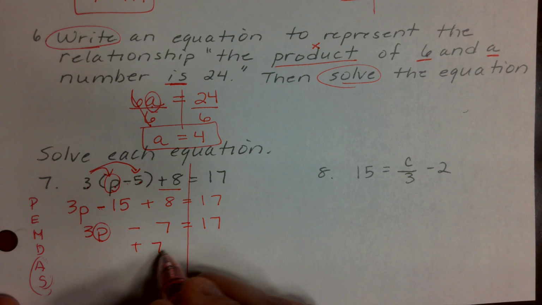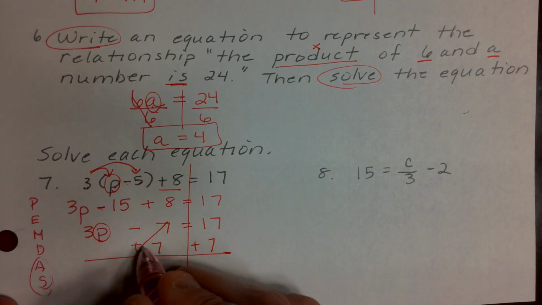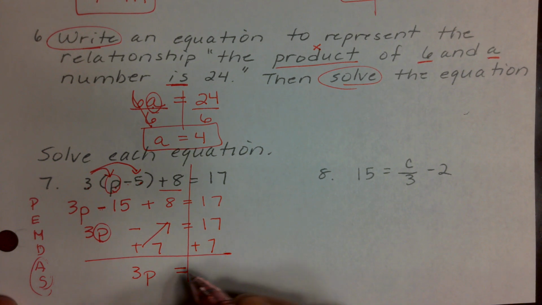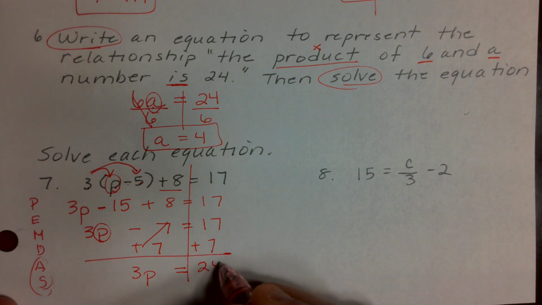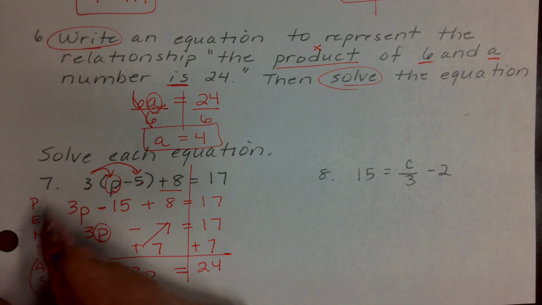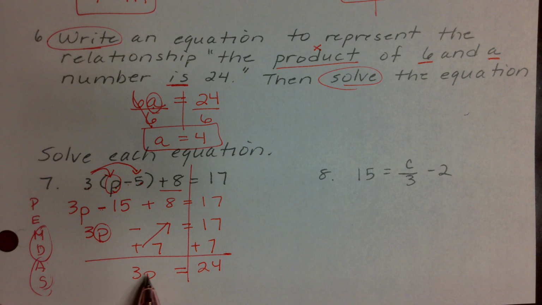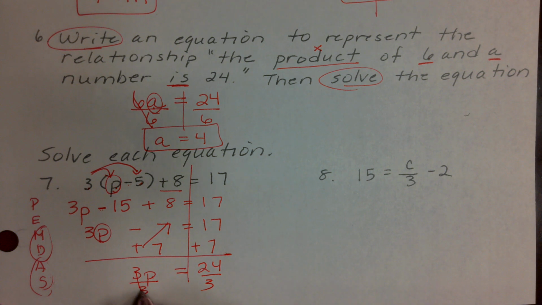So I'm going to add 7. Cancels out, and I get 24. Now I'm going to deal with this. It's 3 times p. So I'm going to divide by 3, and p is equal to 8.